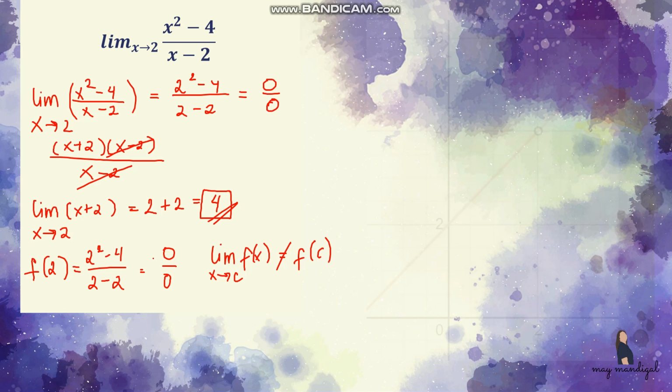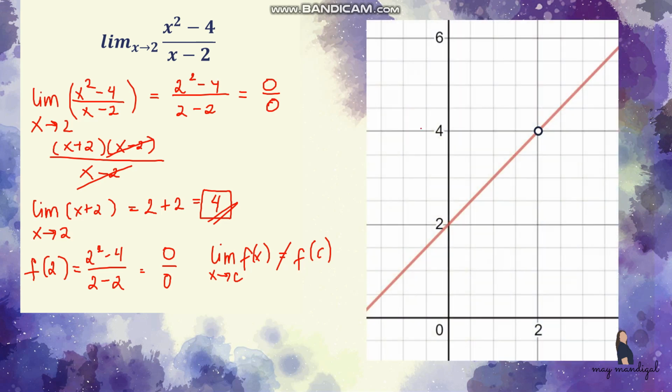If we look at the graph, this is the graph of our function, f of x equals x squared minus 4 all over x minus 2. At this point right here, you can see that there is a hole. We have an unshaded circle.